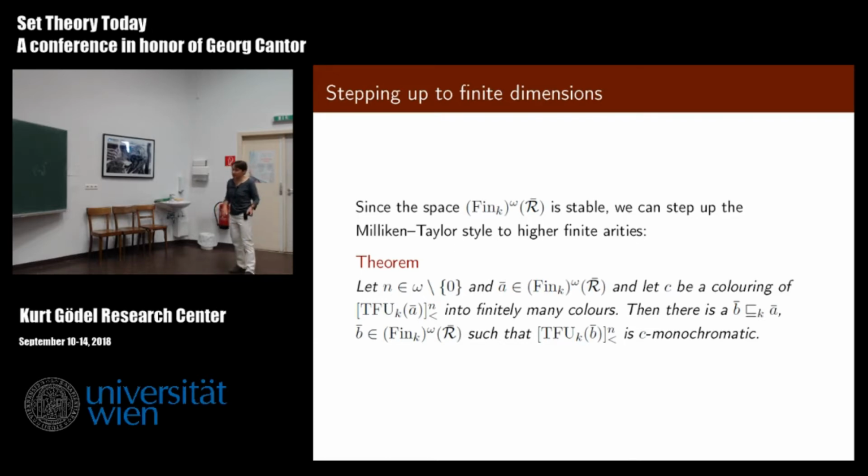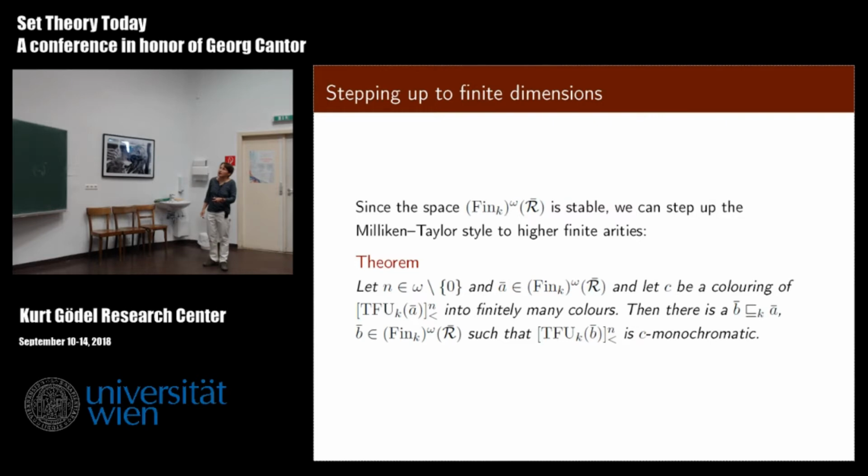Yeah, and finally we get to the end of the sketch of the proof of this coloring theorem, and now by the known stepping-up technique by Milliken and Taylor, you can do now an n-dimensional coloring.